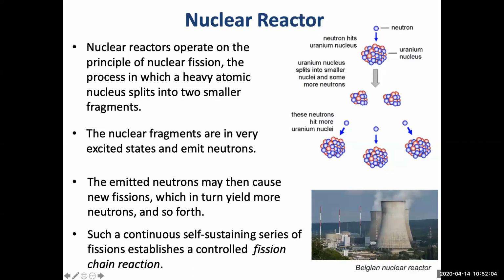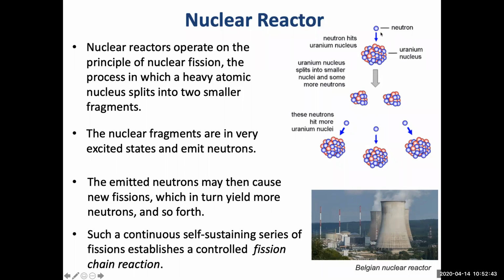This uranium nucleus will be split into smaller nuclides and some more neutrons. The nuclear fragments are in a very excited state and emit neutrons. These neutrons will hit another uranium nuclide and produce another fission, and so on.